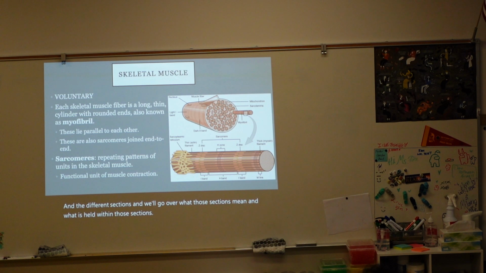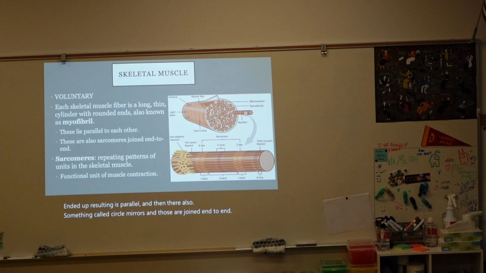Now, myofibrils also lie parallel to each other, which is pretty cool. So the structure that ended up resulting is parallel. And then there are also something called sarcomeres, and those are joined end to end.